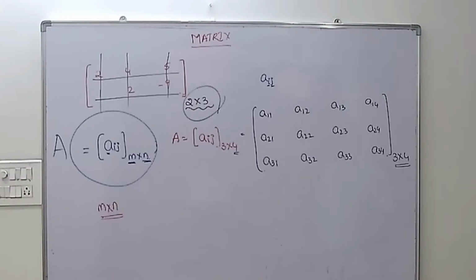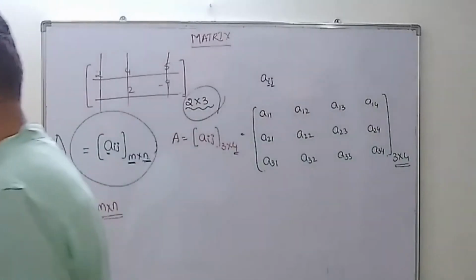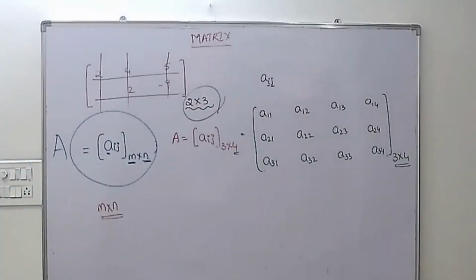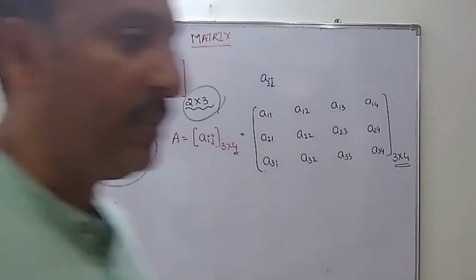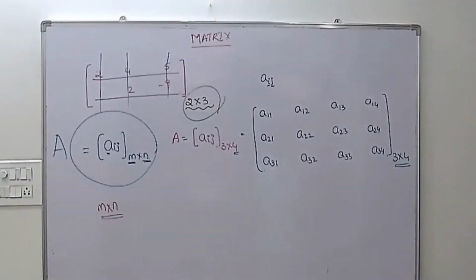The order of a matrix is M by N implies the matrix contains M rows and N columns.